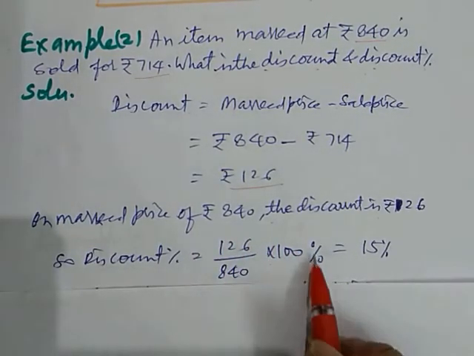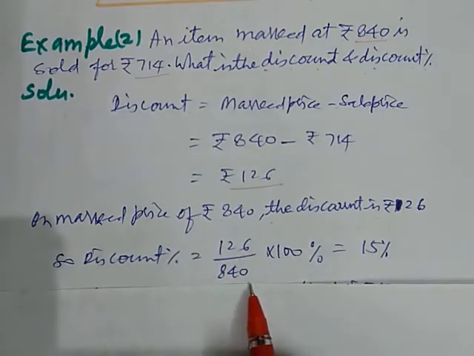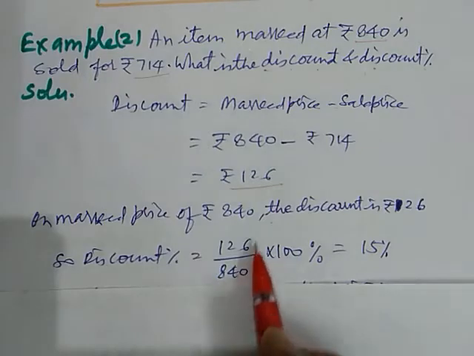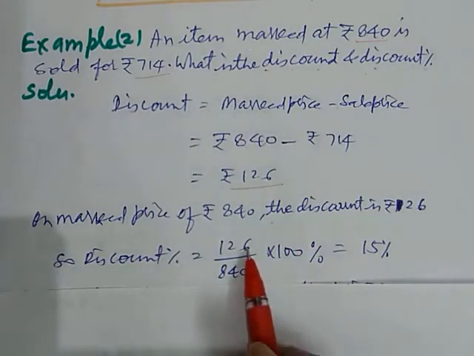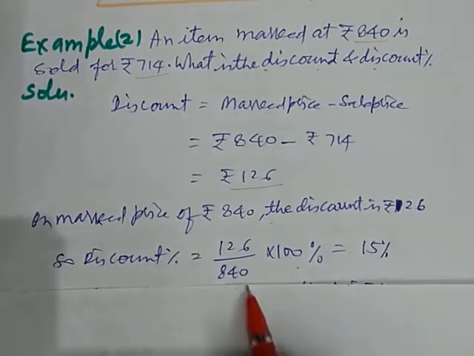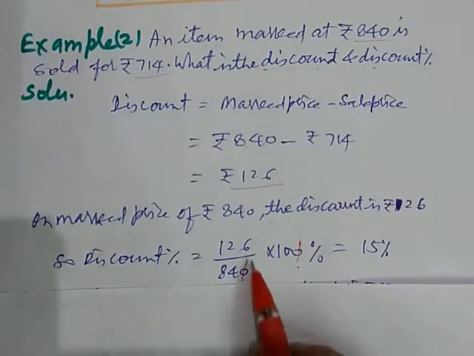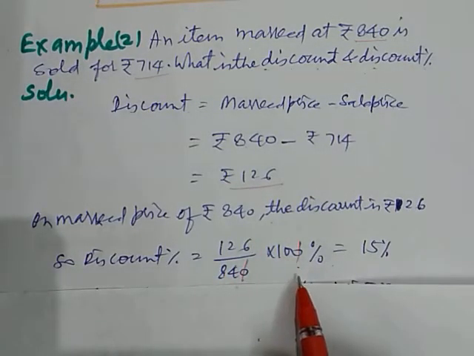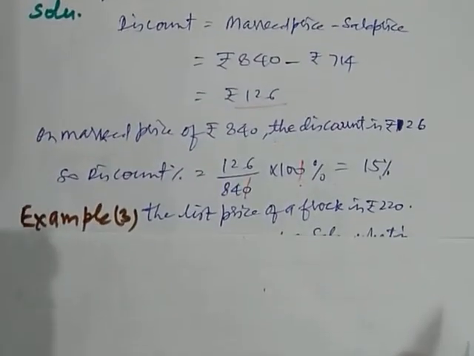That is, the discount divided by the initial price, that is the marked price, MRP, and we multiply by 100 to convert it to a percentage. This cancels by this, and by solving this we get 15%. Now we learn example 3.